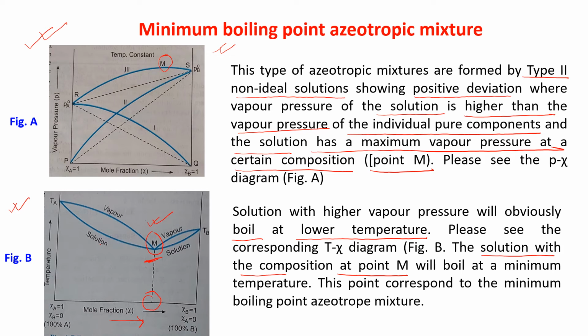At this composition, the boiling point of the solution and the boiling point of the vapor show the same temperature. This point is known as minimum boiling azeotropic mixture. I hope you have understood that.